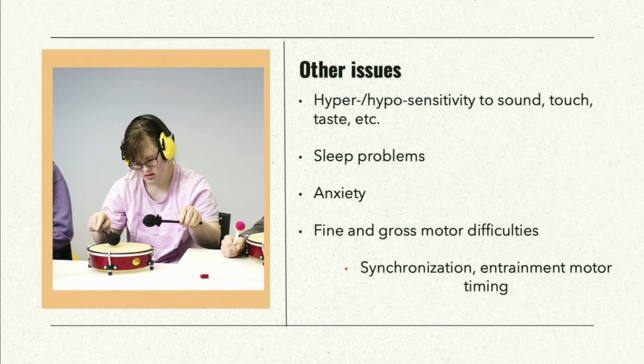Co-occurring diagnoses also happen very often, ADHD, learning disabilities. And the one that's most interesting for us here is that there seem to be in most, possibly all, diagnosed people with autism difficulties with motor skills, fine motor skills and gross motor skills, and ability to time motor interactions with others, which is very interesting for us.